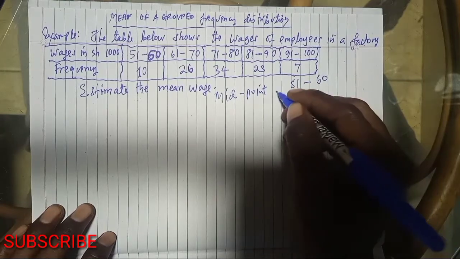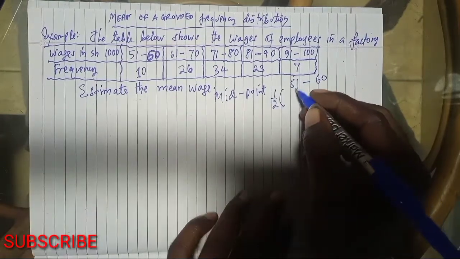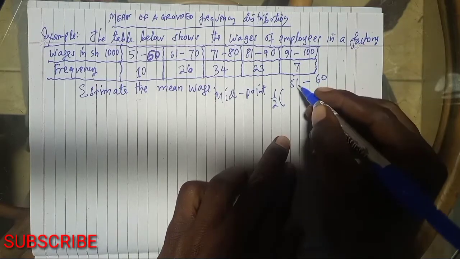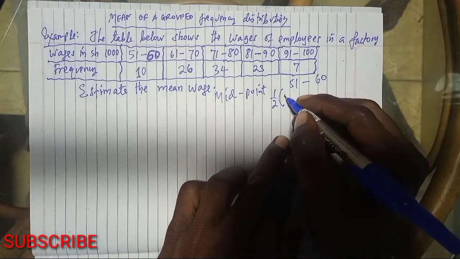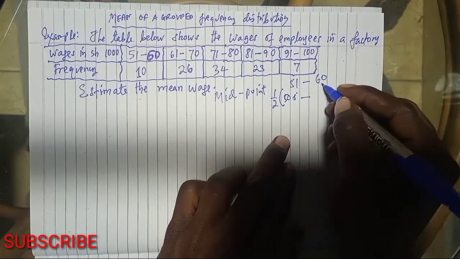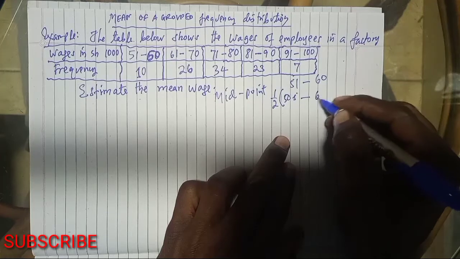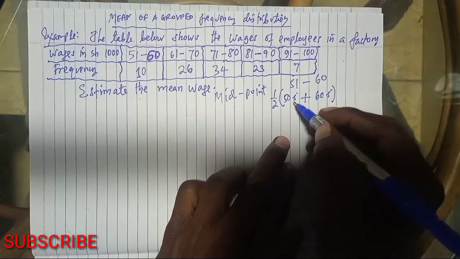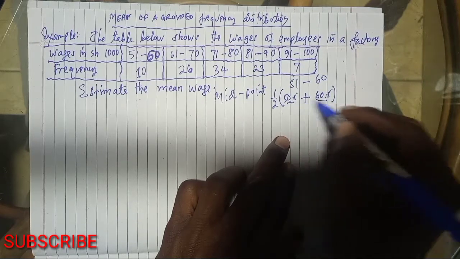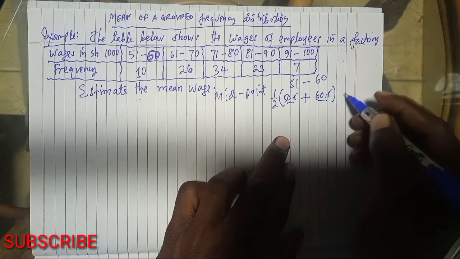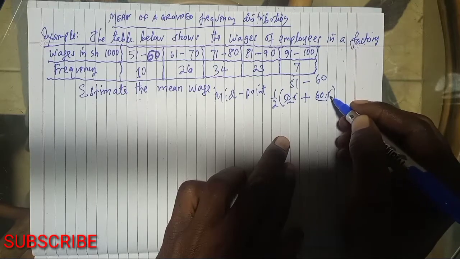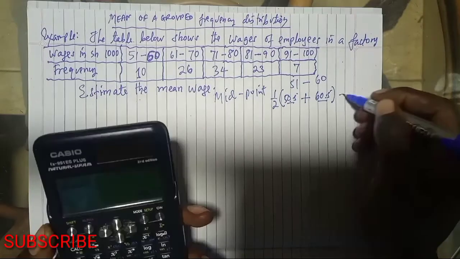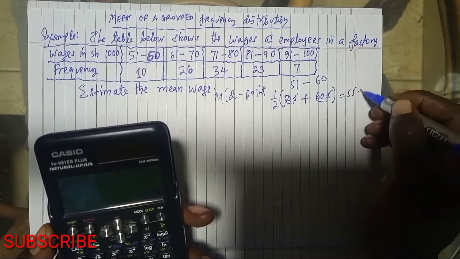The midpoint is obtained by taking half of the sum of the lower class boundary, 50.5, and the upper class boundary, 60.5. It is all about finding the average of these two numbers: 60.5 plus 50.5, divided by 2, is equal to 55.5.